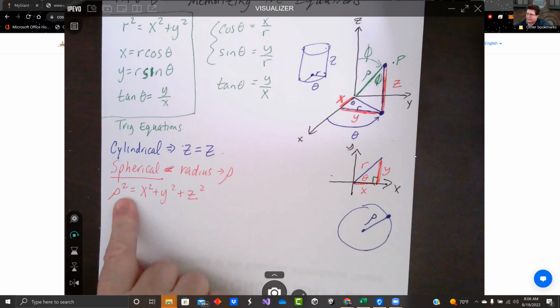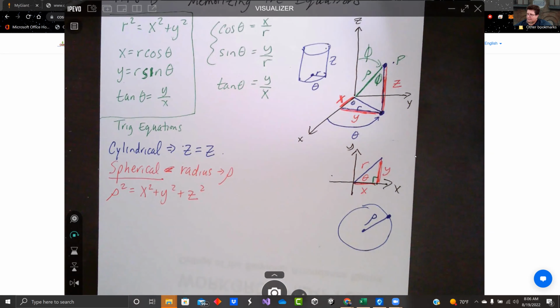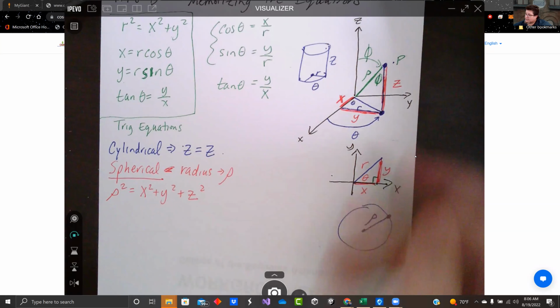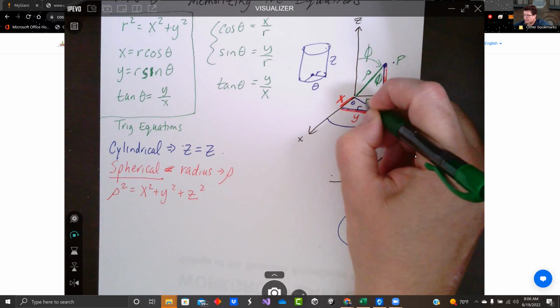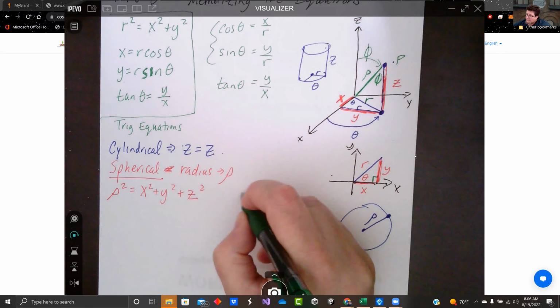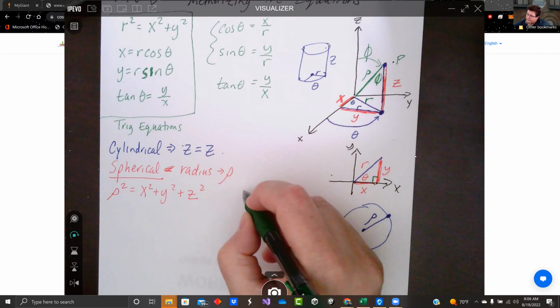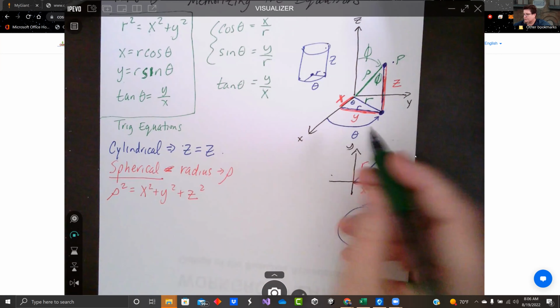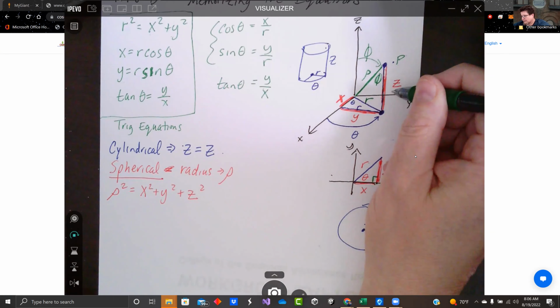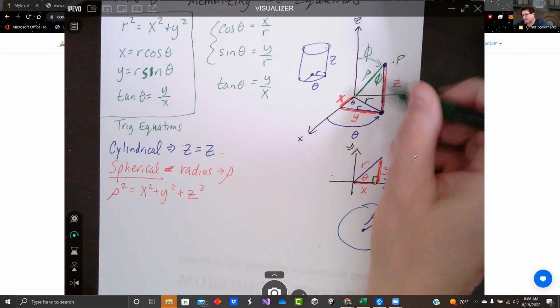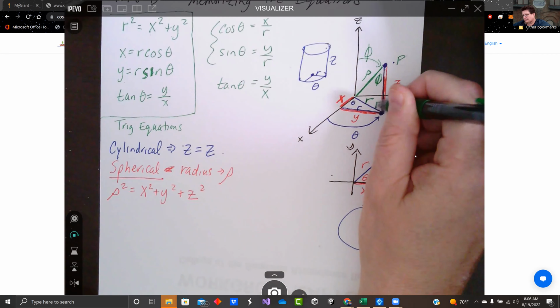We added rho, we need to add phi. Phi is going to be, if we look at the picture, because this is r right here, we can do tangent phi. You don't need tangent phi. Let's see, that's the right angle here.